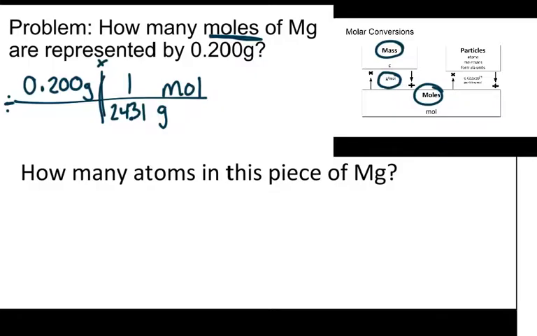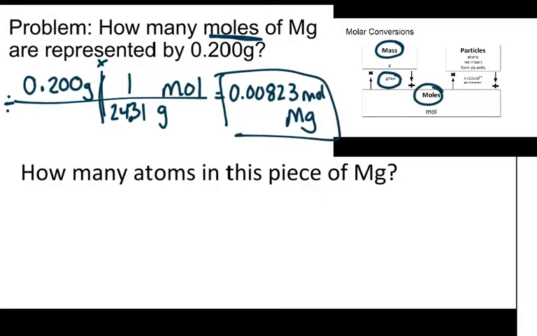In a mole to mass ratio, the mole always gets the 1, and the mass from the periodic table always goes with the grams. So in order to solve, I'm going to take 0.200 and divide it by 24.31. And I get 0.00823 moles of magnesium.